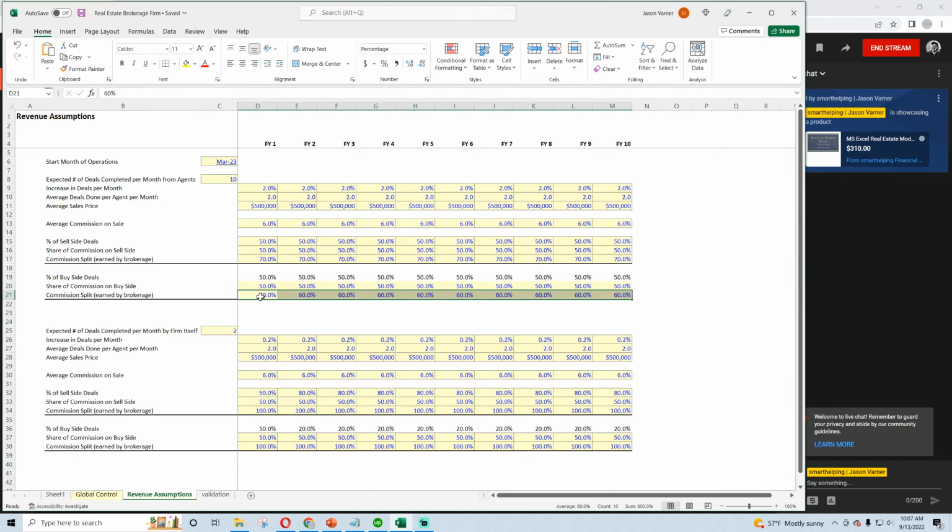Drag this over. So here's the deals of these deal type 2 per month, and now we have the same set of logic. So number of deals that are sell side is in 32. So all we're doing is adjusting the index references here.